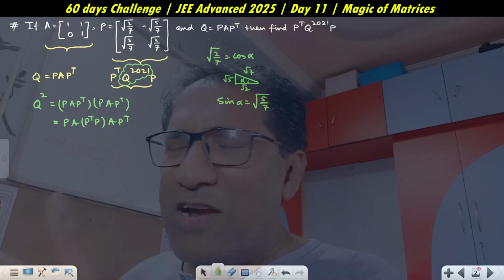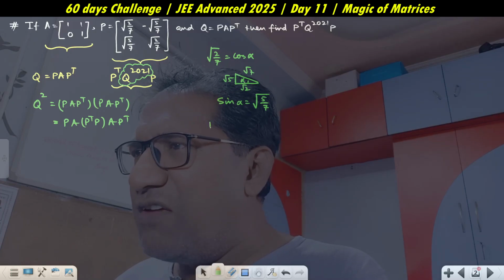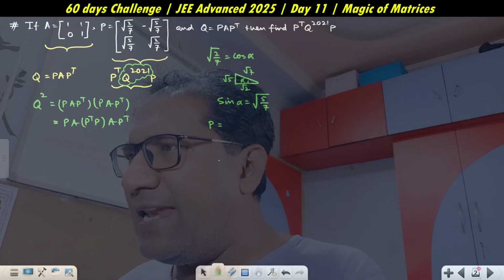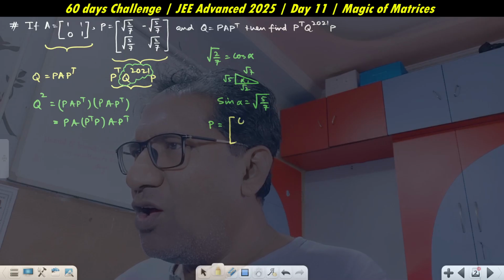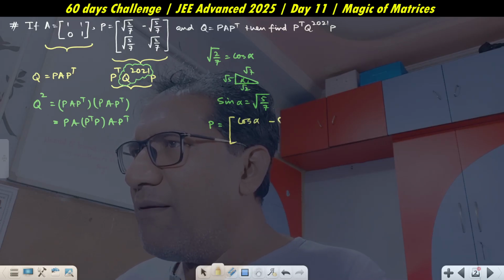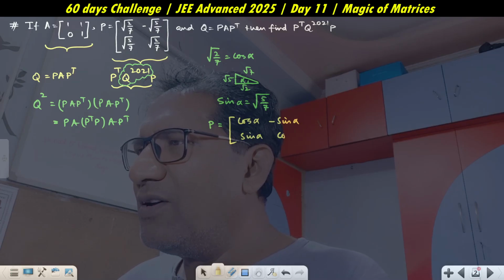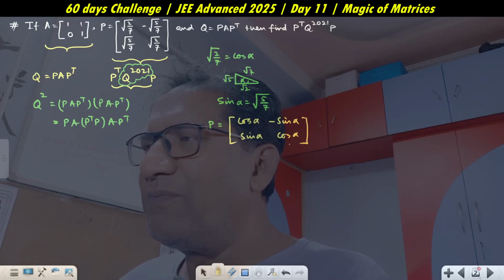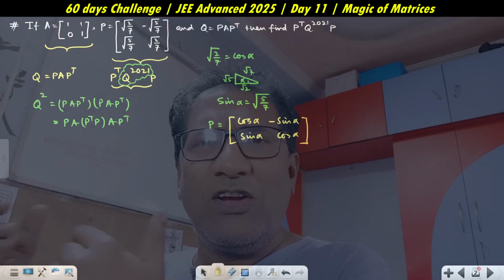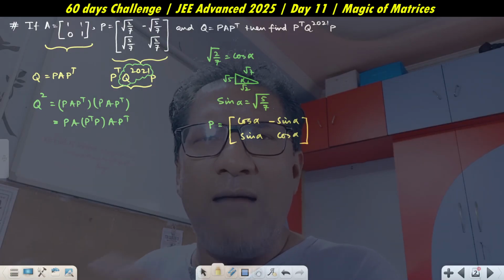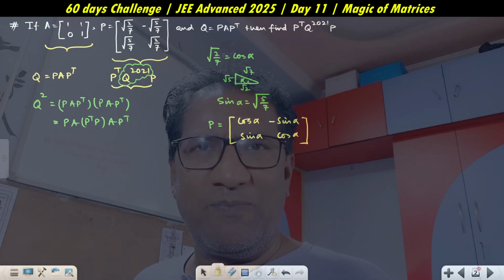And the moment he recognizes the matrix, he will say, sir, your P is basically cos alpha, minus sine alpha, sine alpha, cos alpha. That's it. The moment he recognizes this, the sum is 80% over.